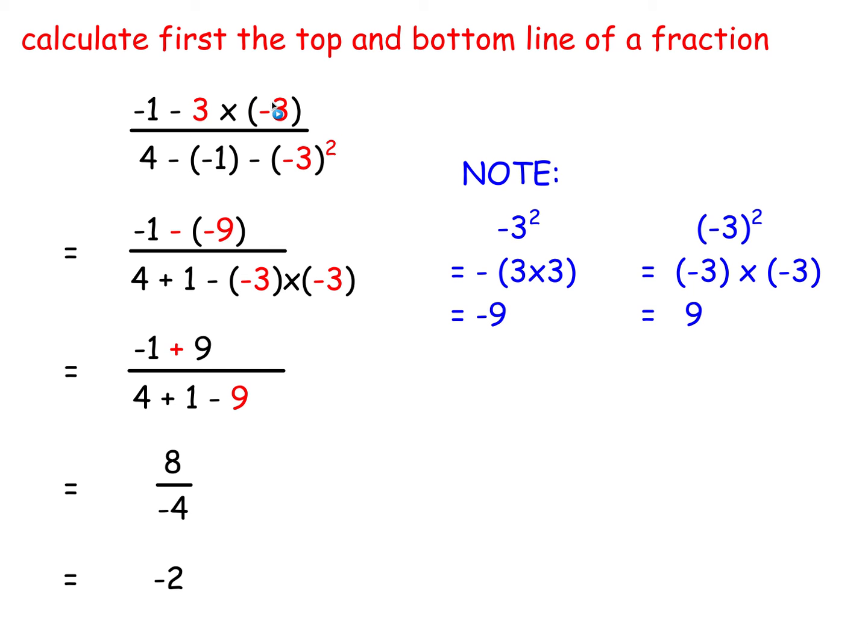We usually bracket the negatives just for neatness, because there's a multiplication sign clashing with a minus sign, so it looks neater if it's bracketed. And here you're squaring the 3, you're not squaring negative 3, so you've got to watch how you write it. If you mean to square negative 3, make sure it's in brackets.